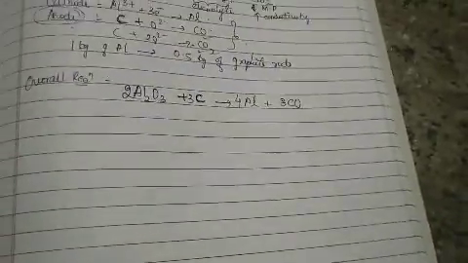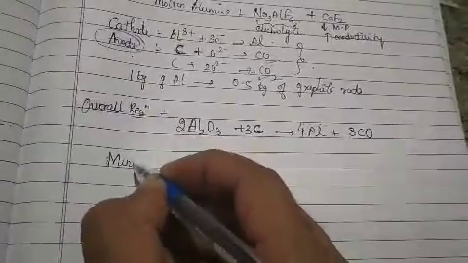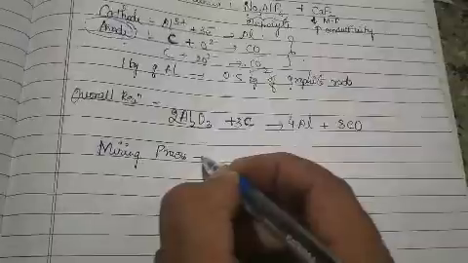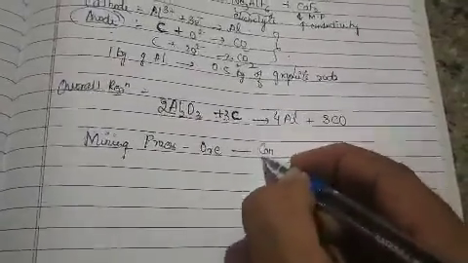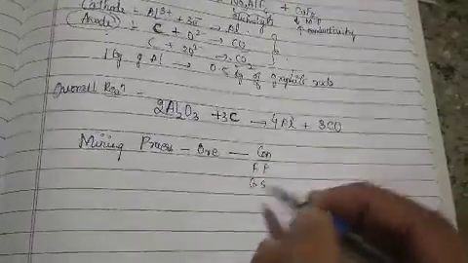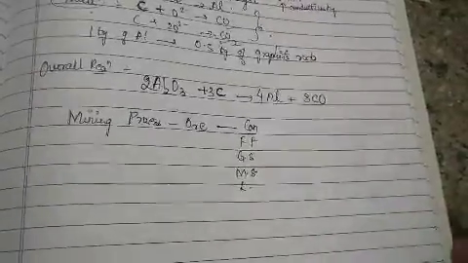So one important thing we have to remember over here. First is your mining process. From the mining process, whatever ore we have got, first it is subjected to concentration, that is through froth flotation, gravity separation, magnetic separation, and leaching.